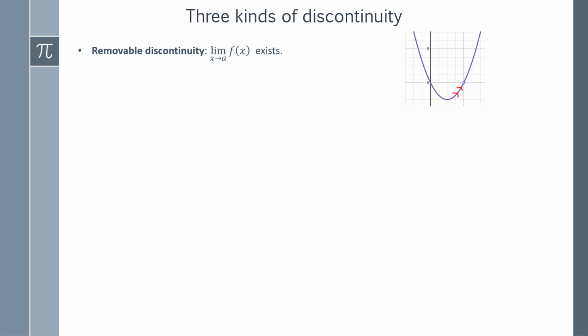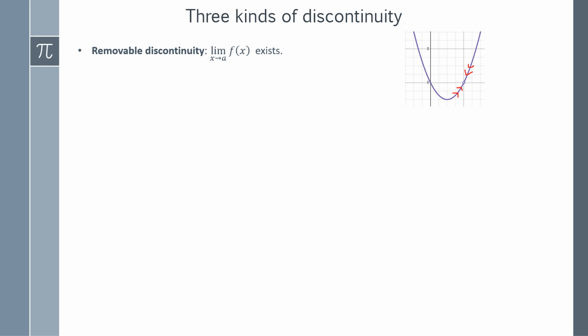Now that we have seen several examples of functions that are discontinuous at a point, let's go ahead and review 3 kinds of discontinuity. First, we're going to refer to removable discontinuity, and that is the type when the limit of the function does exist, but it might not be equal to the value of the function at that point. So here you have an example where we have the left limit and the right limit, and they are equal.